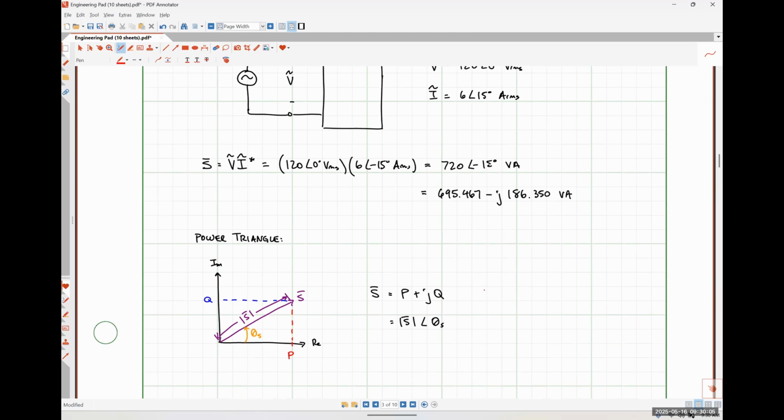So what's the cosine of negative 15 degrees? 0.96 and some change. And is that power factor leading or lagging, Matthew? You are incorrect. It is leading because that angle is negative. That is as hard as it has to be. It's literally just take the cosine of the angle of the complex power to get your number. And then if the angle is negative, you have a leading power factor. And if the angle is positive, you have a lagging power factor. That's it.